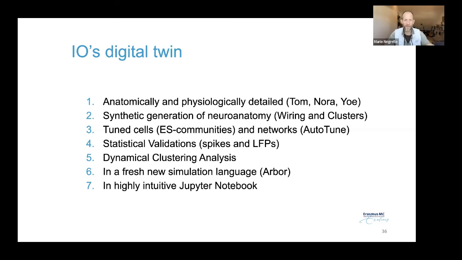We tune the cells via evolutionary search with communities, and we tune the networks with auto-tune of individual cells. We do statistical validations through spikes and LFPs. We look into the dynamical clustering, and anyone of you that now wants all of this has it in a big Jupyter notebook that Leonard prepared for you.